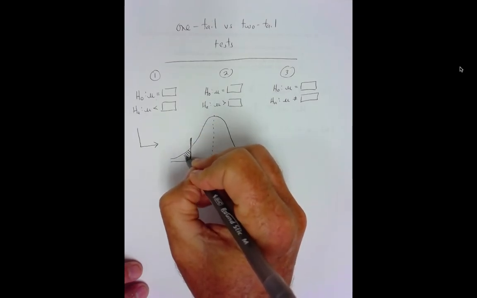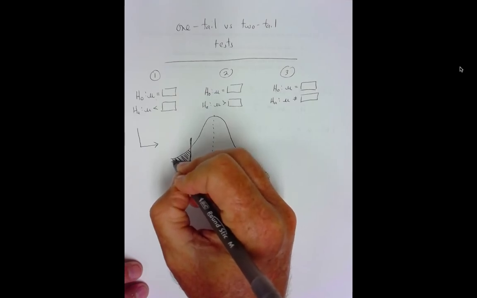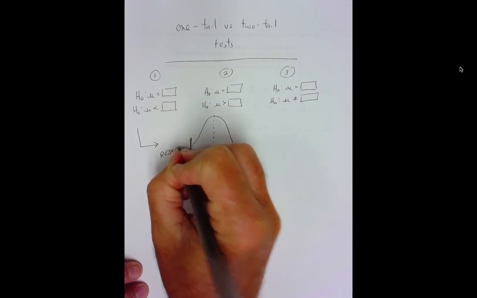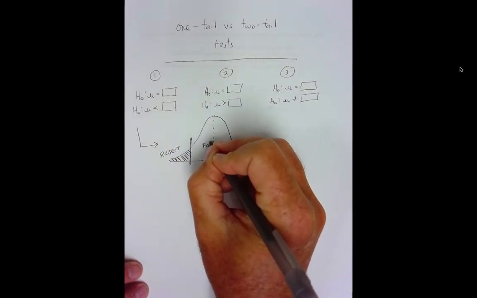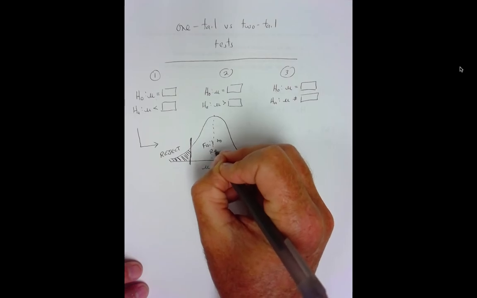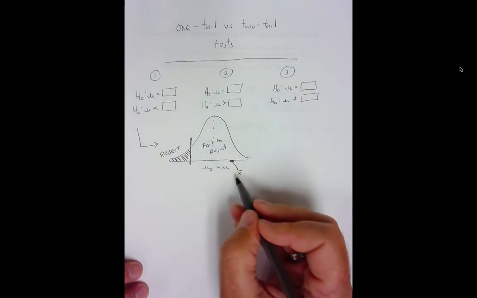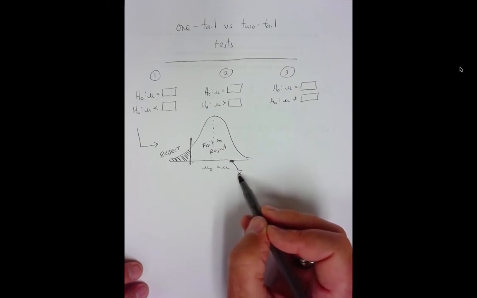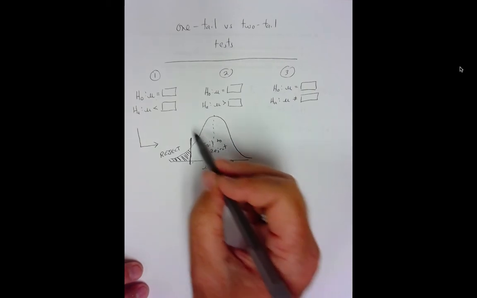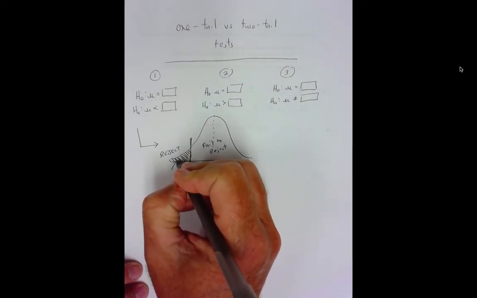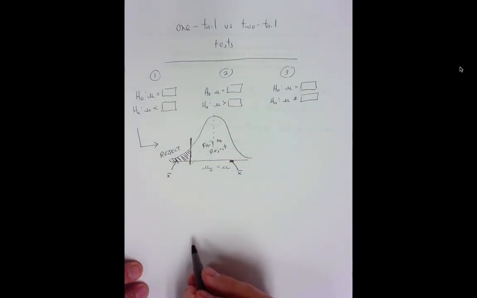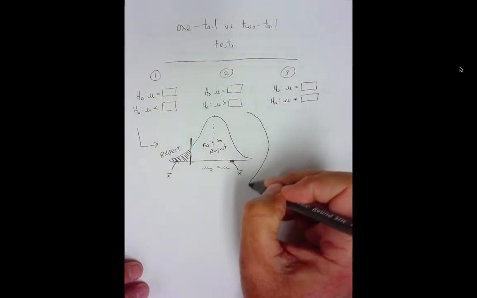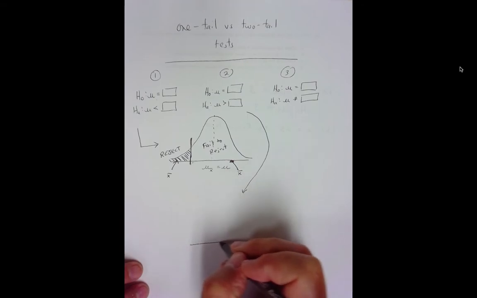This part down here would be our reject region, and this part right here would be our fail to reject. So if we get a sample mean anywhere in this area, like I've drawn in this illustration, then our decision would be fail to reject H sub O. However, if we get a sample mean down in this area, then we're going to reject H sub O. What would this look like?